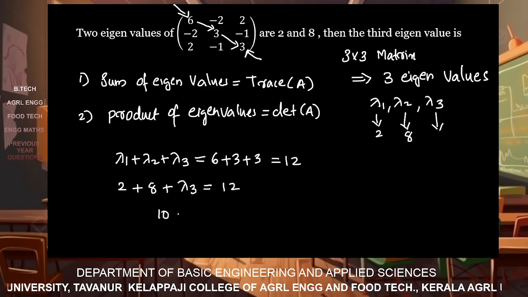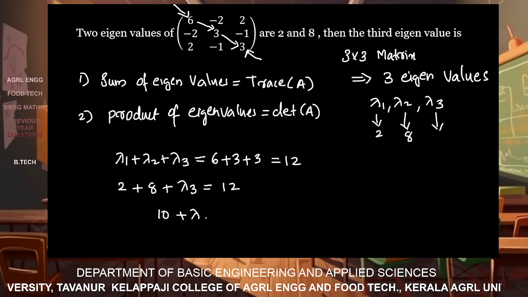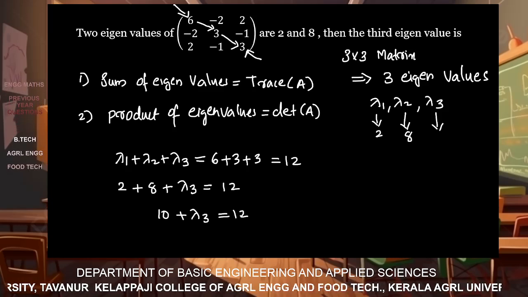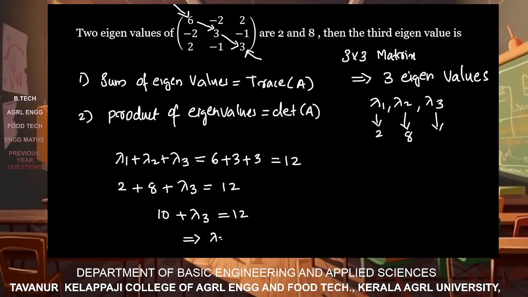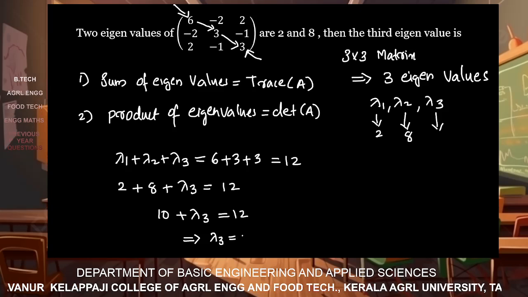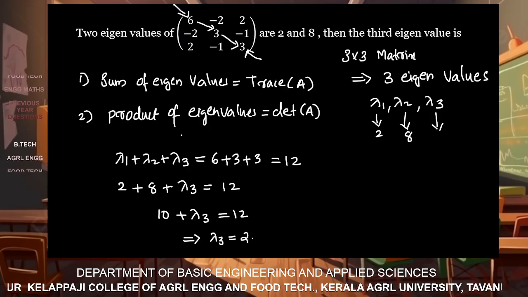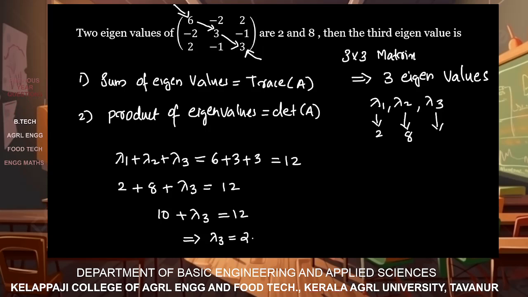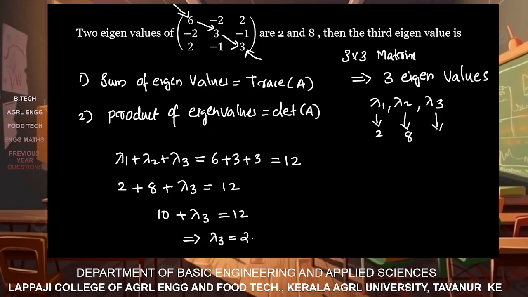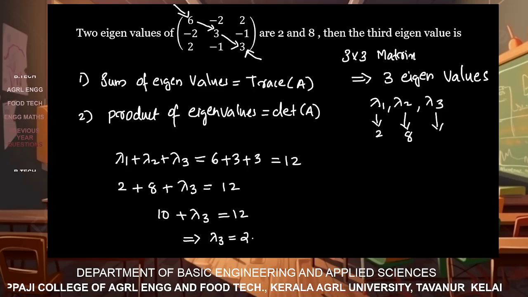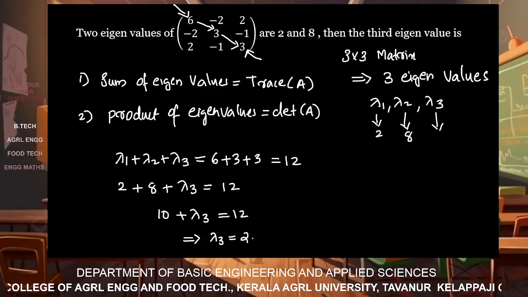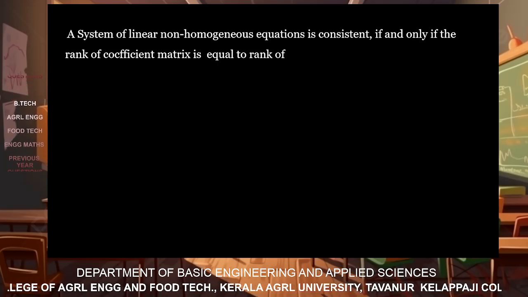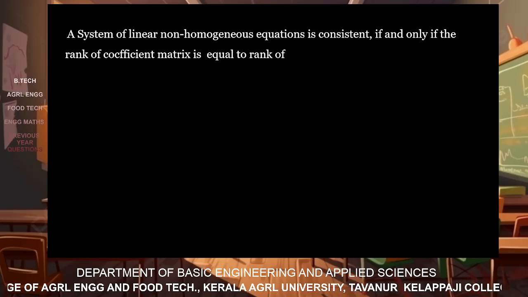So 10 plus lambda 3 is equal to 12, and this implies the third eigenvalue lambda 3 is equal to 2. So these two properties, that is sum of eigenvalues equal to trace as well as product of eigenvalues equal to determinant of A, are very important properties of eigenvalues. All should remember this. Now moving to the second question.